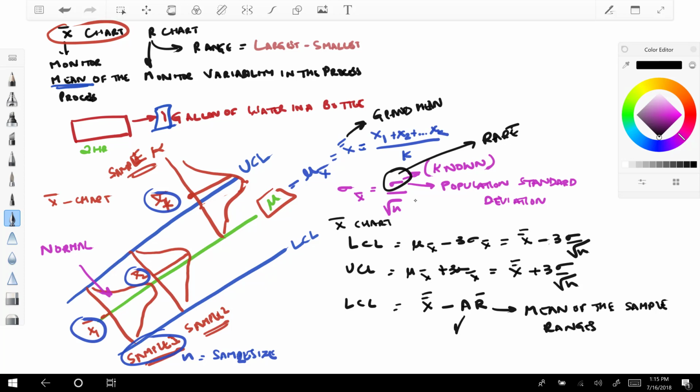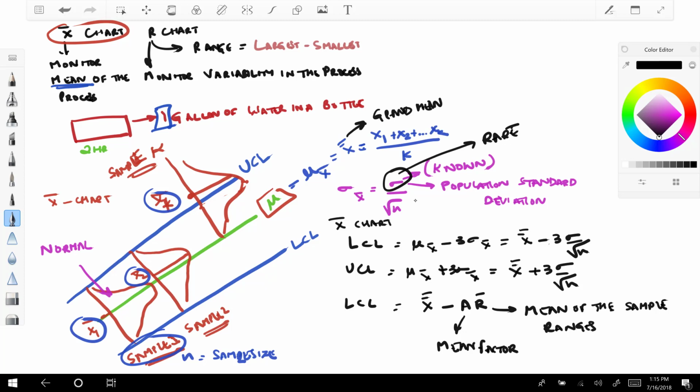A is the mean factor, and we will get this from a table. x double bar is again the grand mean.